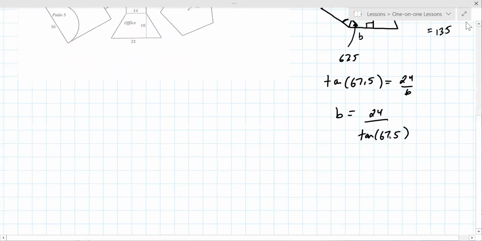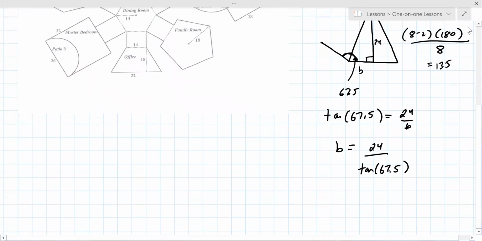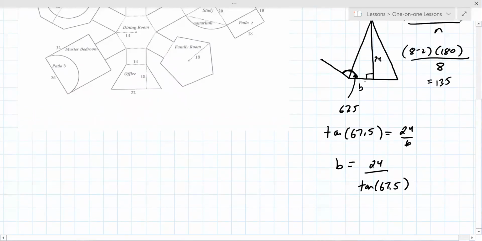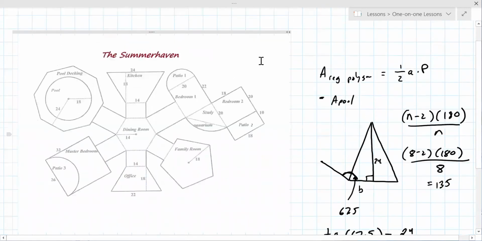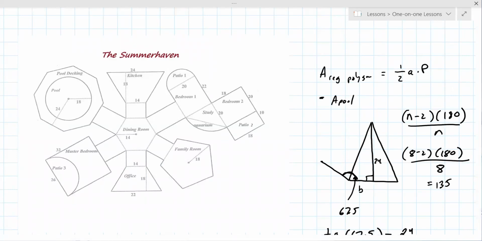And that gives you one of these little triangle sections here. So if you double it, 2b, you get 48 because you're just doubling the top number over tangent 67.5. And that gives you just one of these. Let me scroll up here a little bit. That gives you one of these 8. So if you multiply that by 8, you get the whole perimeter.